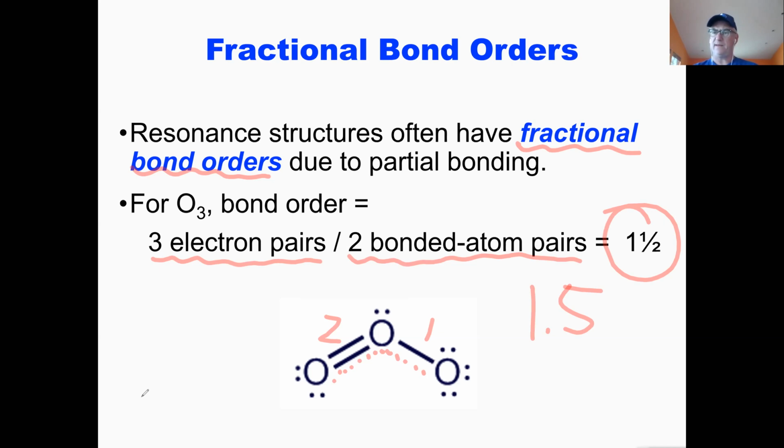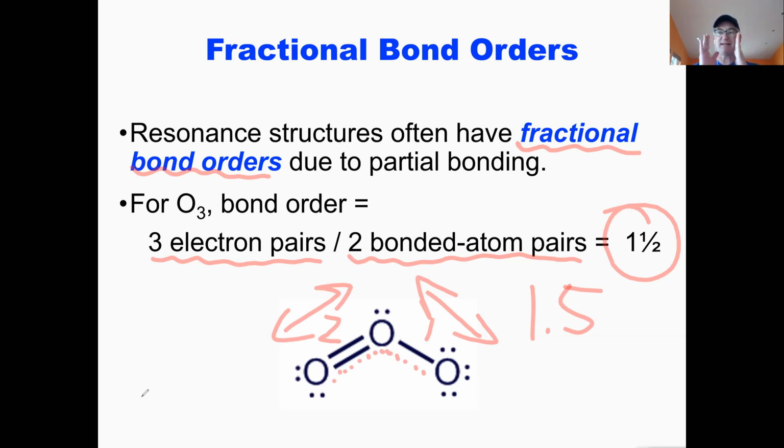Anyone have any questions about that? How that works? So remember, bond order, since we're not actually talking about a full bond, when you study it, the distance between these 2 oxygens and these 2 oxygens is in between what it would be for a single bond and a double bond.